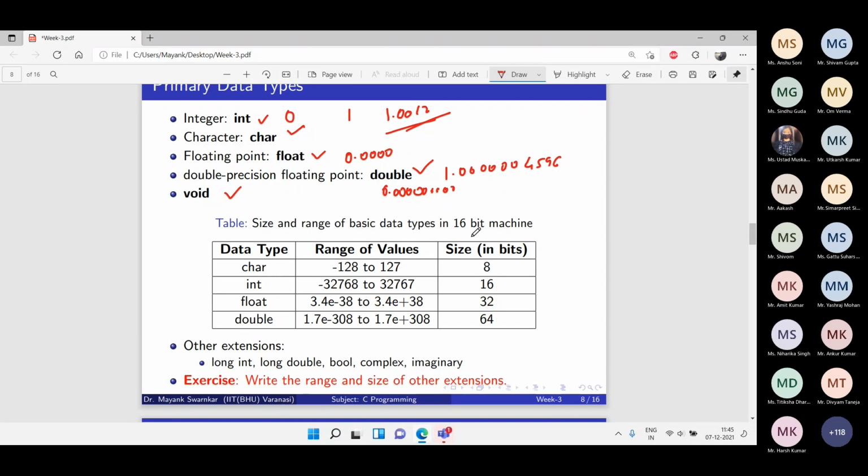Then comes the size and range of basic data types in a 16-bit machine. So this I won't explain, this you need to study, because this is a bit typical thing I don't want to teach in the class. Why? Because you need to understand this by yourself. I have told a lot about operating systems, processors, how values are processed.